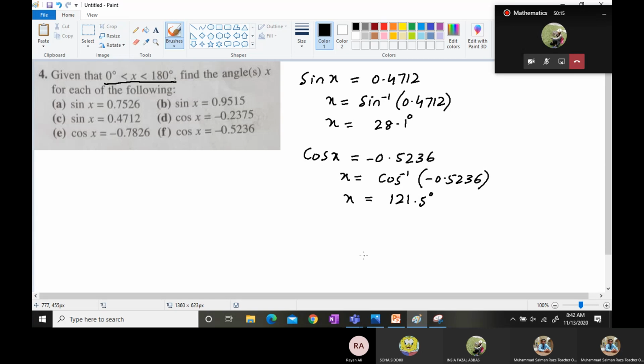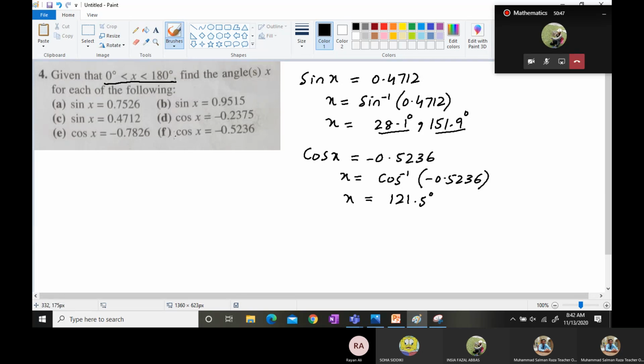121.5 degrees. Now, guys, what is the difference? They have given us the range over here that x should be greater than 0 but less than 180 degrees. So when sine angles come, we are going to subtract it from 180 and it is going to be 151.9 degrees. So in sine, when the question is of sine, we are going to find out both these angles.